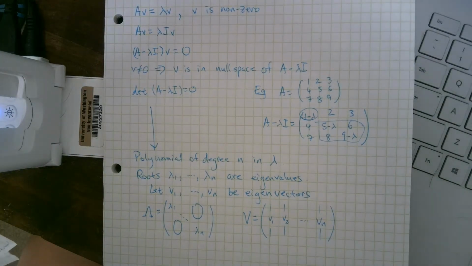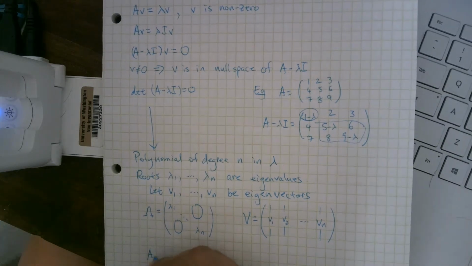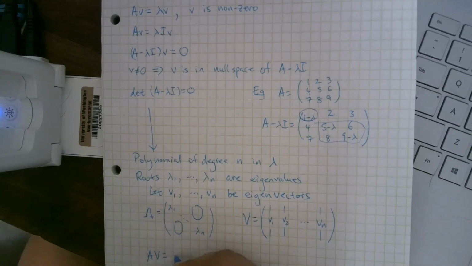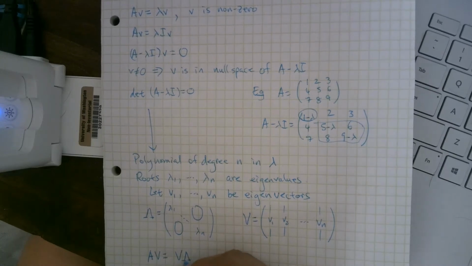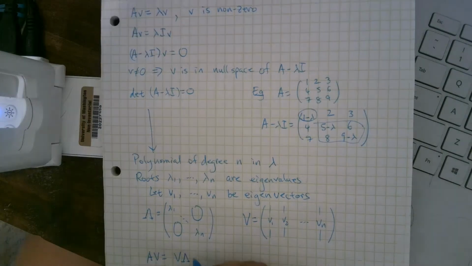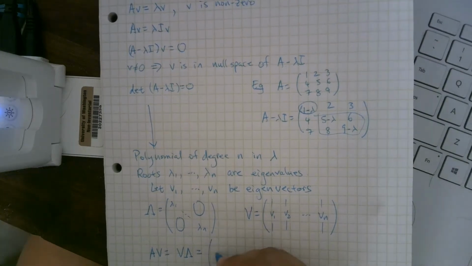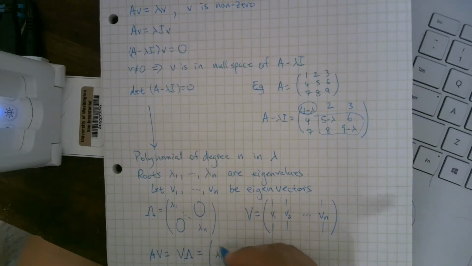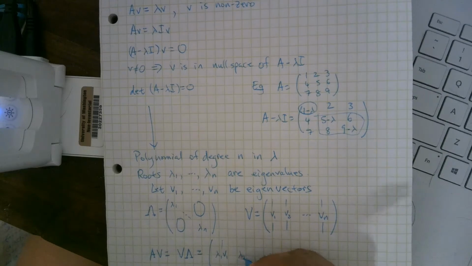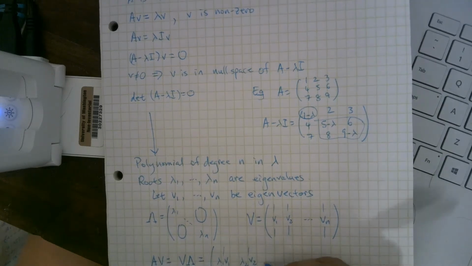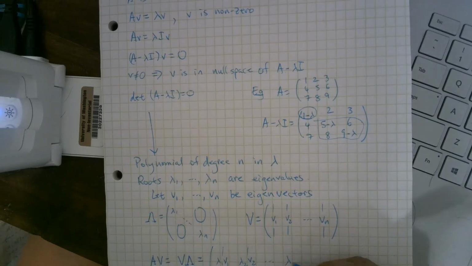Okay. Then we claim that A times V is equal to V times this matrix lambda. Why is that? Because both of these are equal to these things. We're going to have lambda 1 times v1 as the first column, lambda 2 times v2 as the second column, and so on up to lambda n vn.